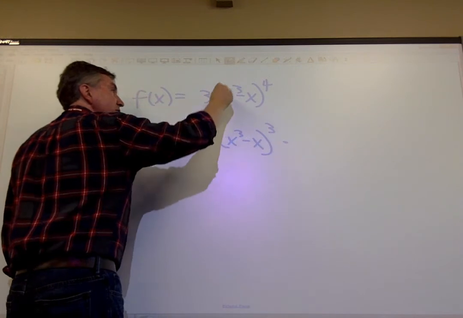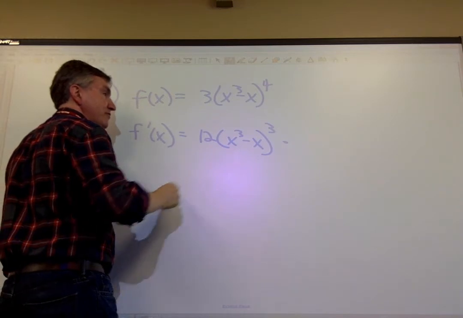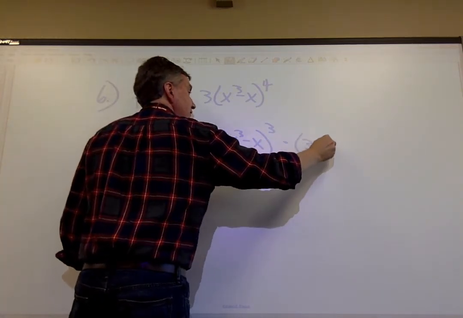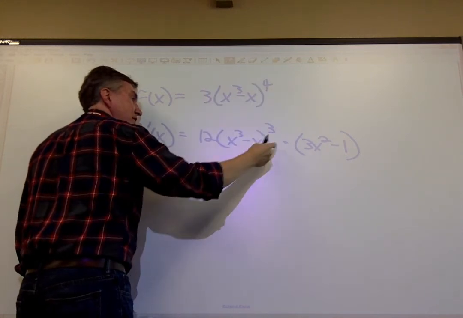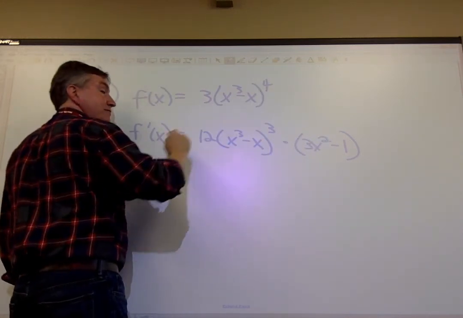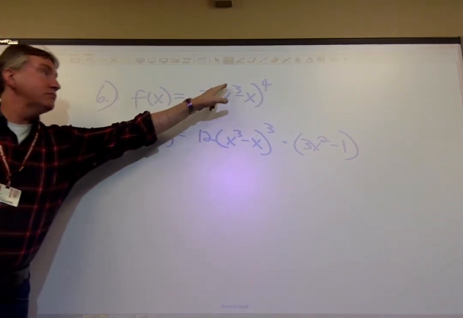Times, what's the derivative of that inner function? Derivative of outer times derivative of inner. That's not bad, is it? You just have to leave what's in the parentheses alone. That stays the same in that first step, because the outer function was 3u to the 4th, this being my u.